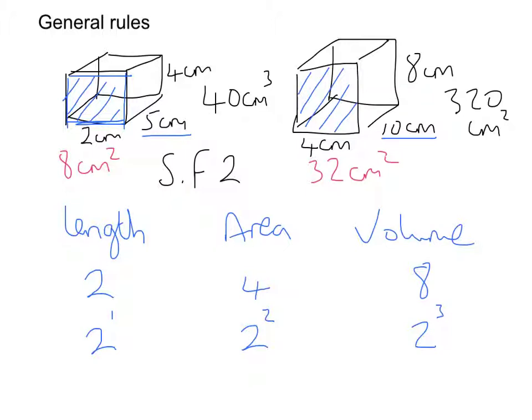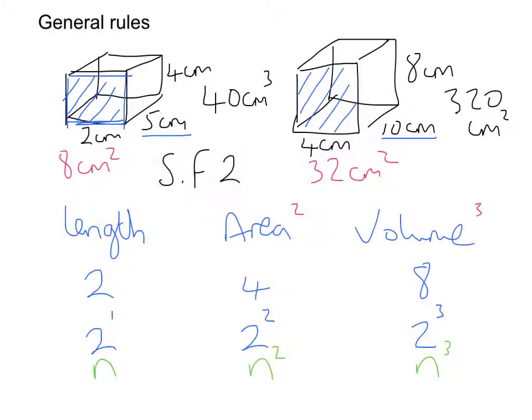Easiest way to remember is that the units for area are squared and the units for volume are cubed, so centimetre squared or centimetre cubed. Turns out that if our scale factor is n, our area would be n squared and our volume would be n cubed.